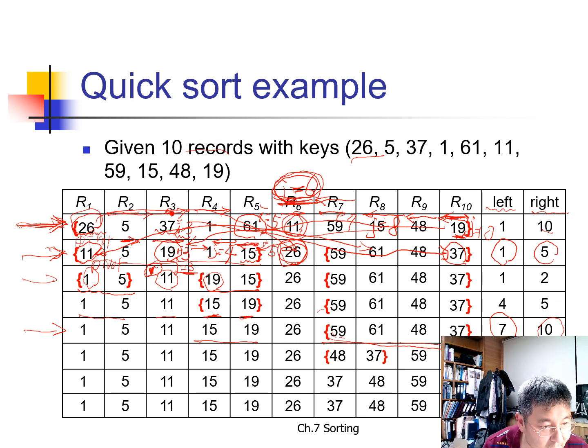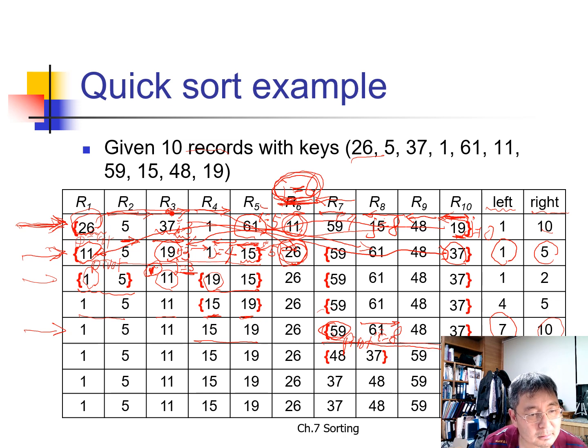So 59 is selected as pivot, and I goes from the second to the left here. So 61, okay, already found. I becomes 8.